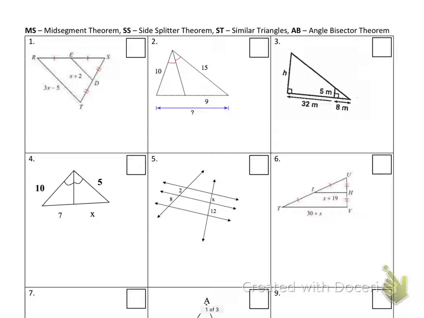So I'll start with what I think is the easiest to identify, and which ones of these, 1 through 6, would be angle bisector problems?